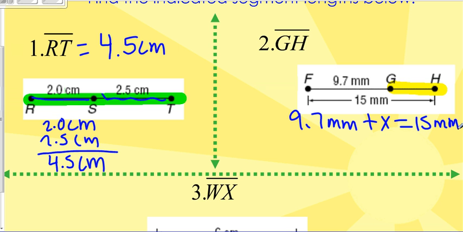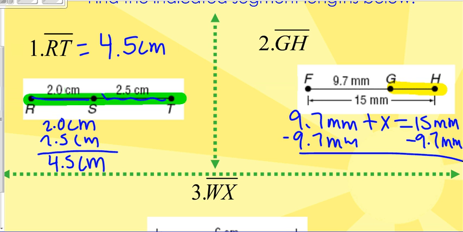So really, the process here would be subtraction. We would subtract 9.7 from both sides to find out what our missing piece is. So we would get 5.3 millimeters. So GH is 5.3 millimeters.